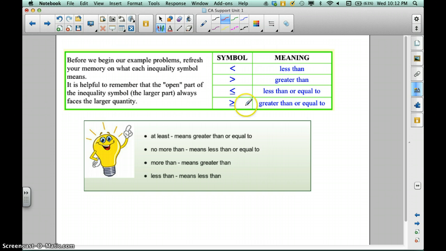Now we're going to be working a lot with applications here, so it's important to recognize some words in the problem that will help you to know which symbol to use. If they use the phrase at least, that means greater than or equal to.